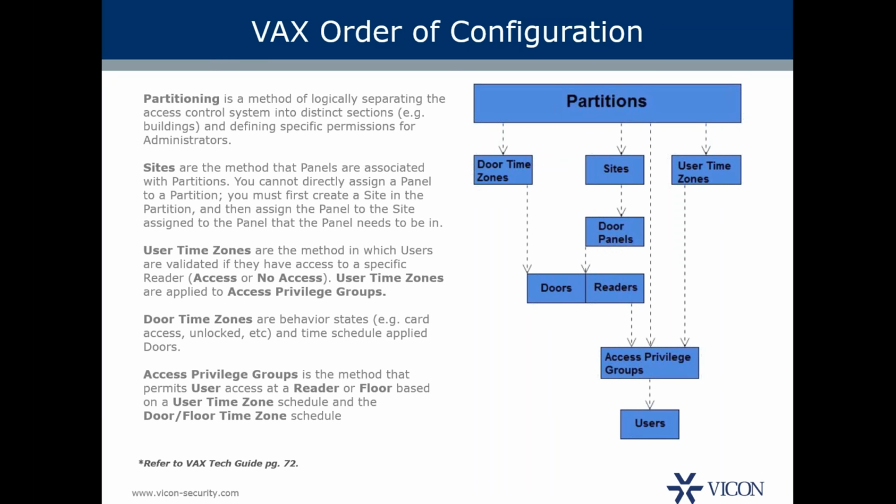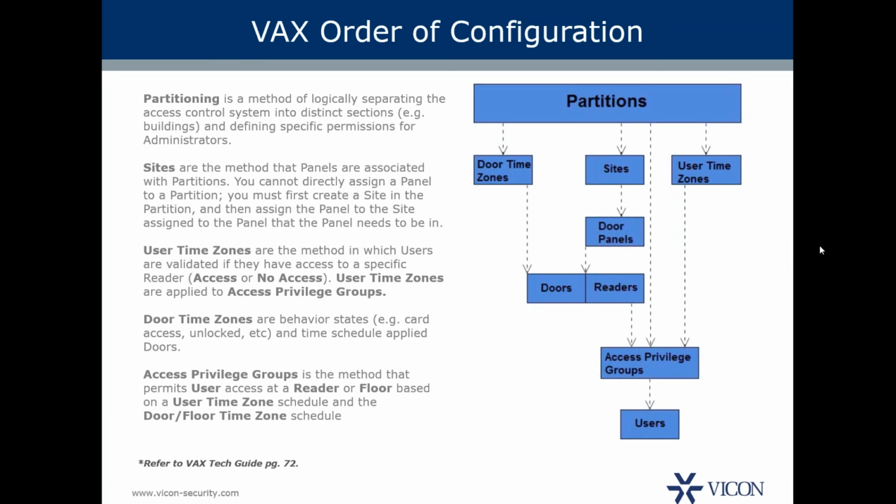It could be access or no access, or it could be access from a certain time. And then we have door time zones, and door time zones, again, are applied to doors so that it'll set a certain schedule on doors, and through that schedule, it'll behave in a certain way.